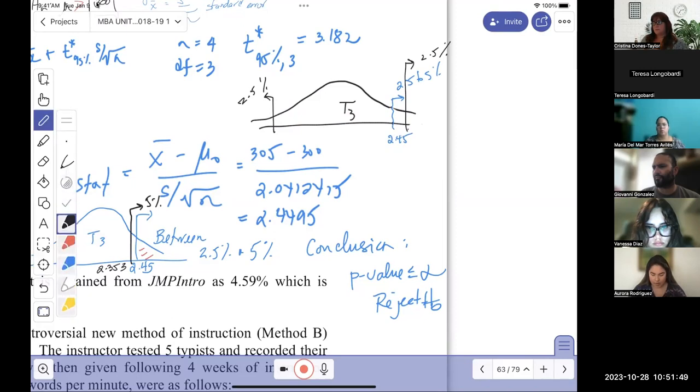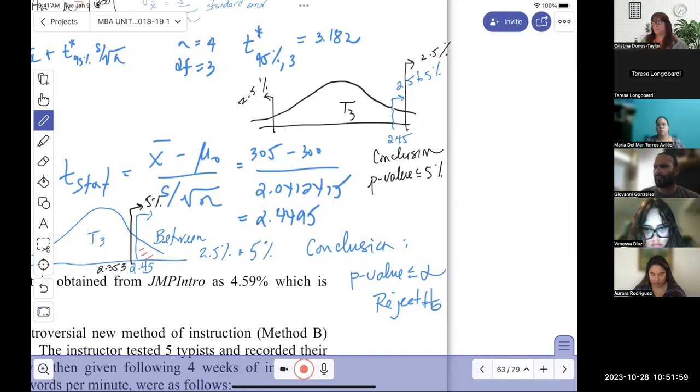So what happens with the conclusion step is still always compared to 5%, because I had to do 2 times, I had to go this way and add it to that. It's really high. It's like almost 10%. That's not less than 5. So when we do a 2-sided test, we test on both sides.